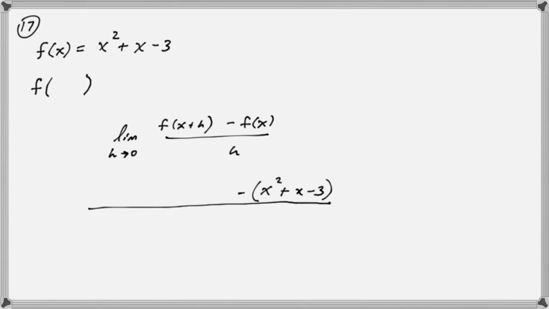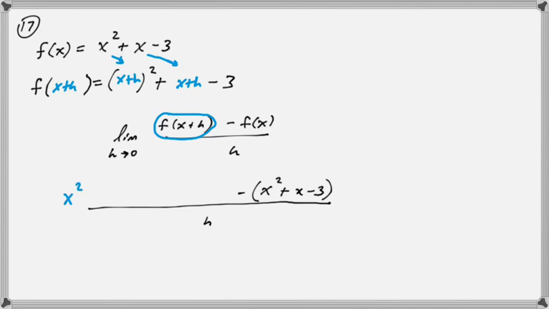What I don't know is f of x plus h. You find that by replacing every x with x plus h. So I'm going to fill in place of x's x plus h. Filled it in for that x and that x, right? Anyway, square your binomial.